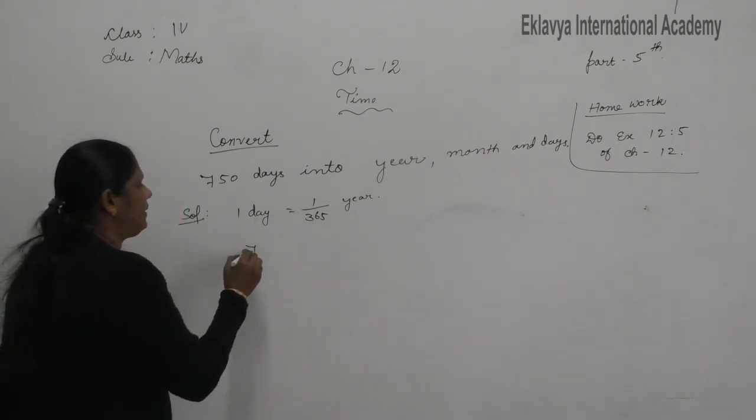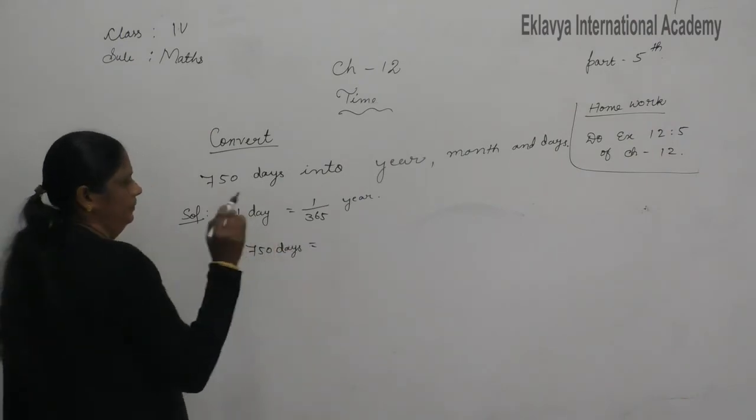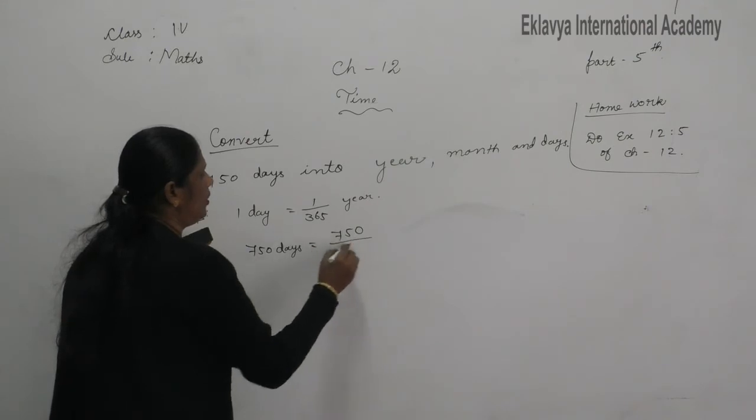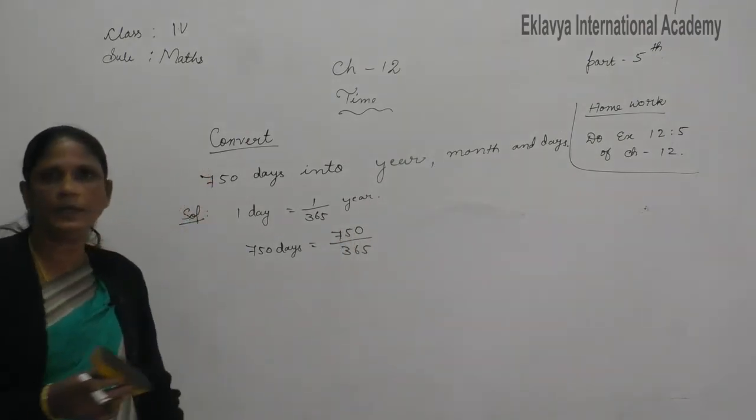Then 750 days is equal to 750 upon 365. First we divide this.